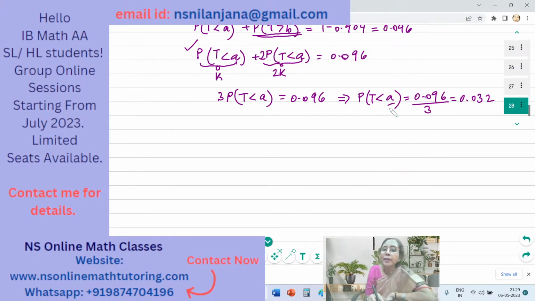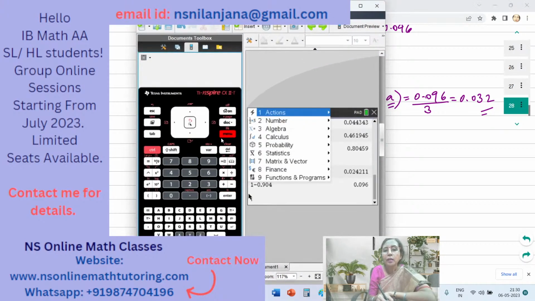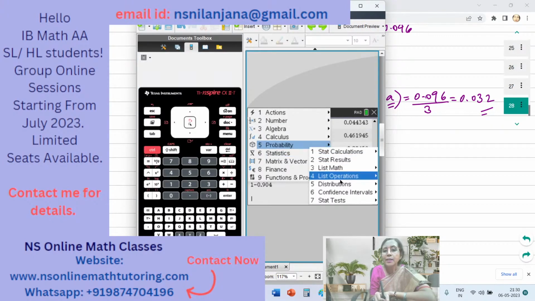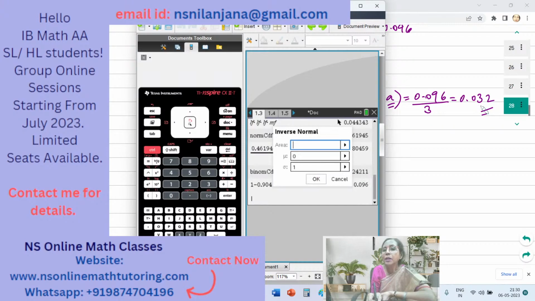Now we have to get the A, and we know the probability. So obviously we will be using the inverse normal function. We go for inverse normal: statistics, distribution, inverse normal. Area is 0.032.